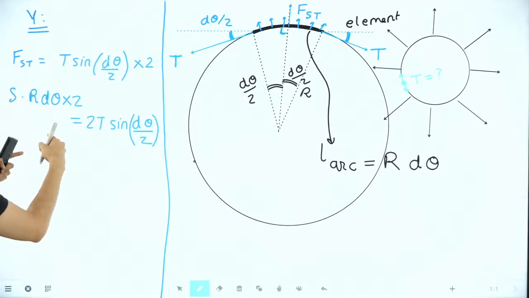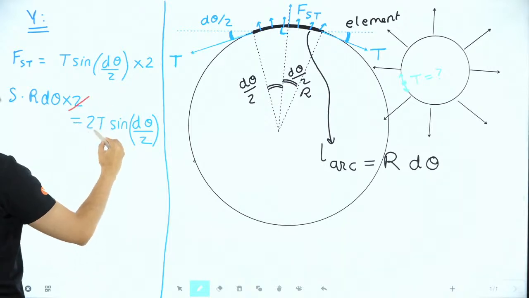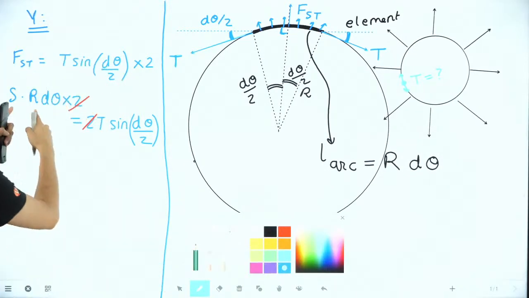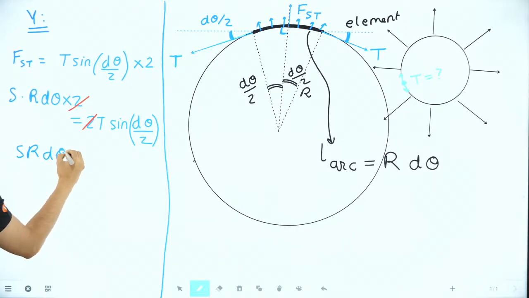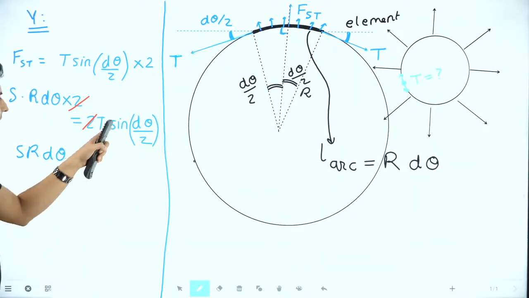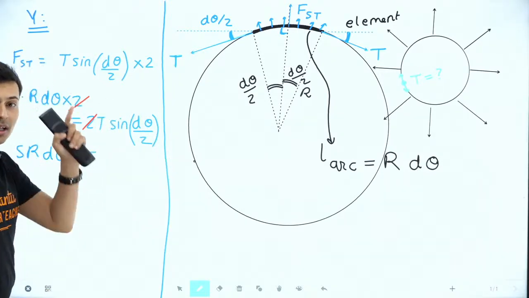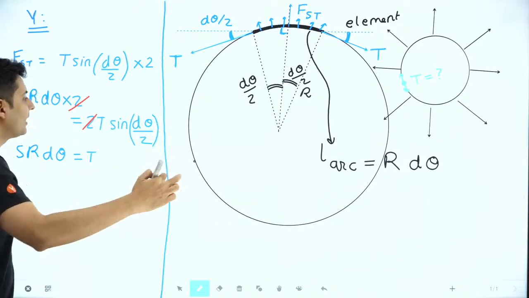Now, this 2 and this 2 will get cancelled, and I have S R d theta is equal to T sine d theta by 2. Sine of a very small angle is the angle itself. That's a property you learn in mathematics, in trigonometry, or in derivatives.